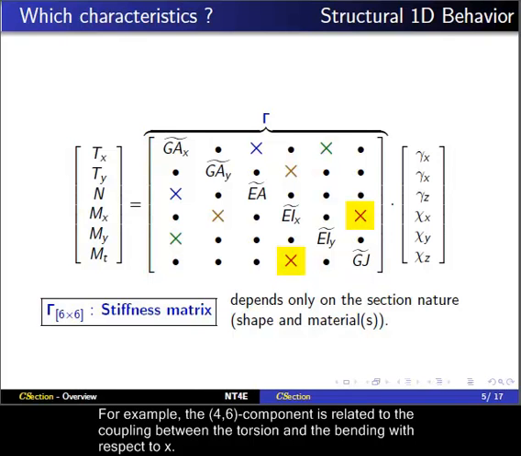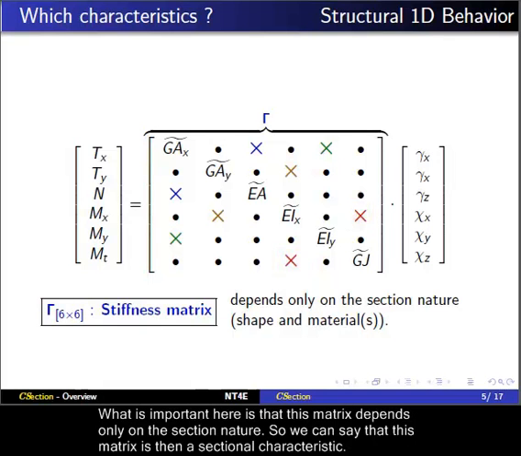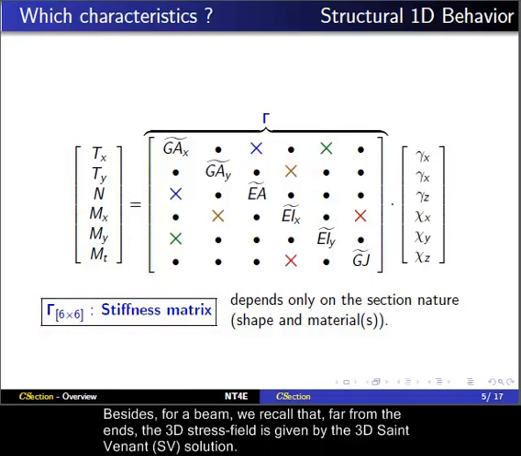For example, the 4-6 component is related to the coupling between the torsion and the bending with respect to X. What is important here is that this matrix depends only on the section nature, shape and materials. So we can say that this matrix is then a sectional characteristic.